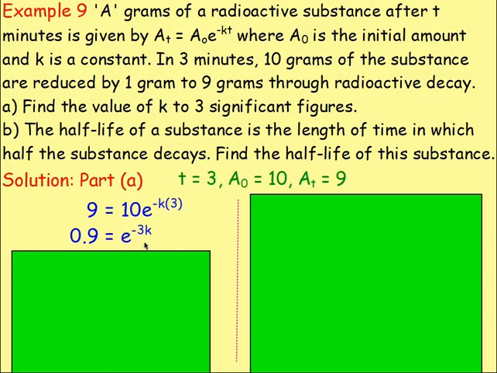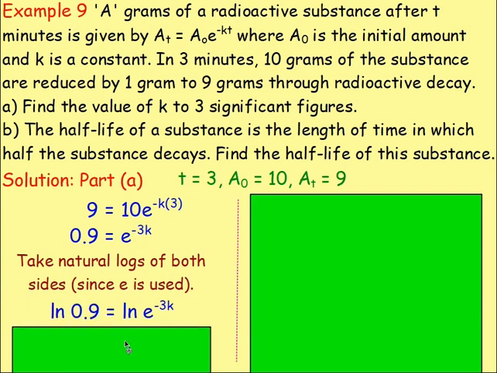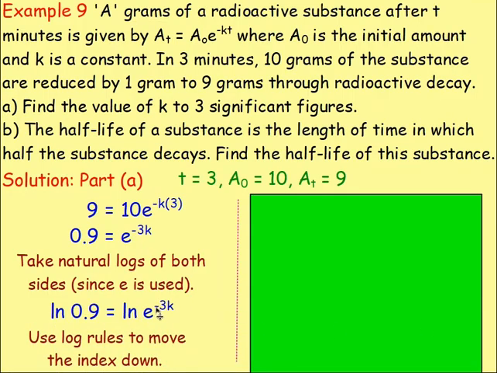From there, to work out the index, we need to use logs to bring that down. There are no logs here, so let's take logs of both sides. Once again, because e is involved, you would use the natural logs. So take natural logs of both sides. We've got ln 0.9 equals ln e to the power of negative 3k. The whole point in doing that, Mary Lou, is because we can move the index down using log rules.